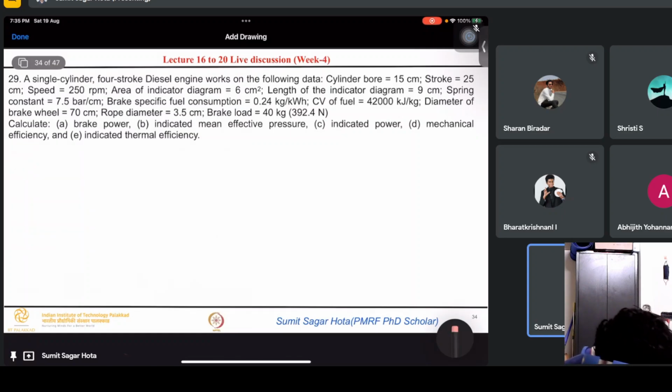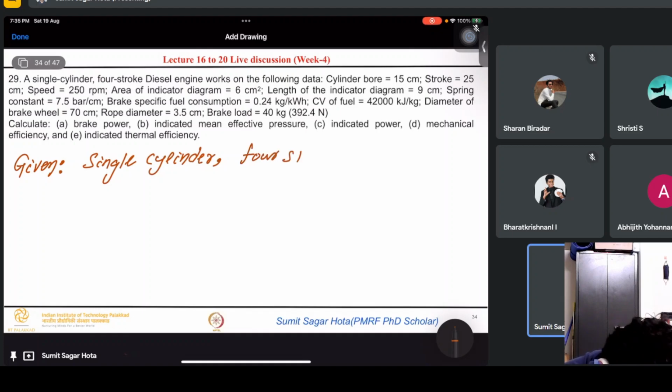If in the exam you are thinking and then writing down the given things, then obviously you will have a time shortage. So you should practice by writing all these things so that it will be helpful in the exam. What are the things given? Single cylinder. If it is an essay type question, this will definitely help if you have a good practice of writing.